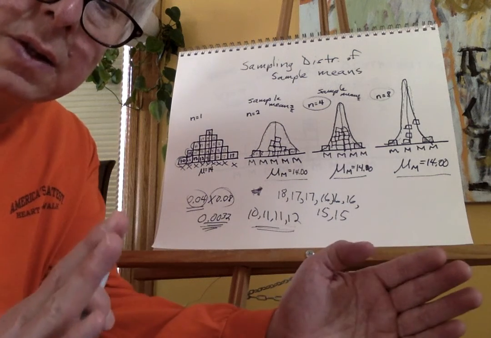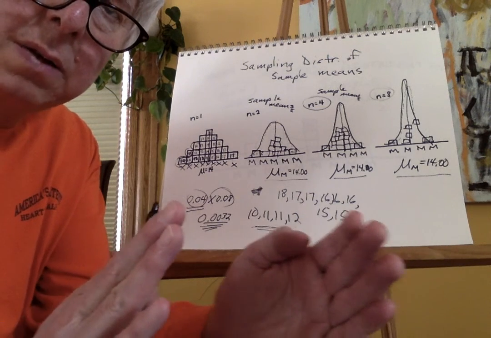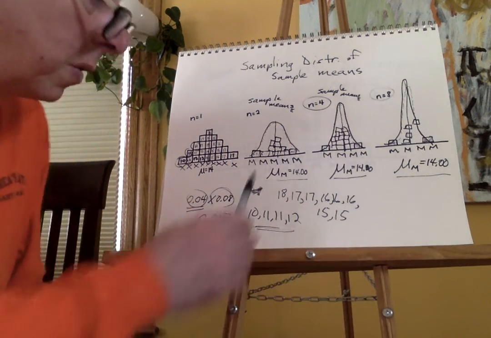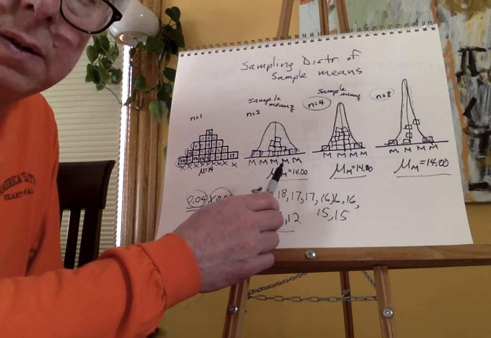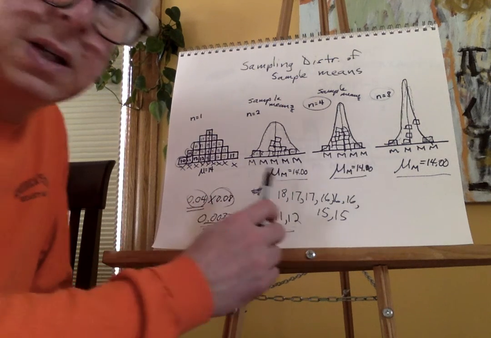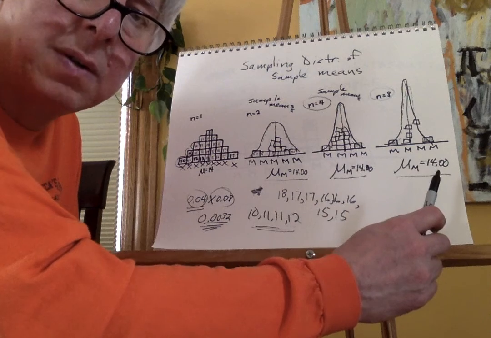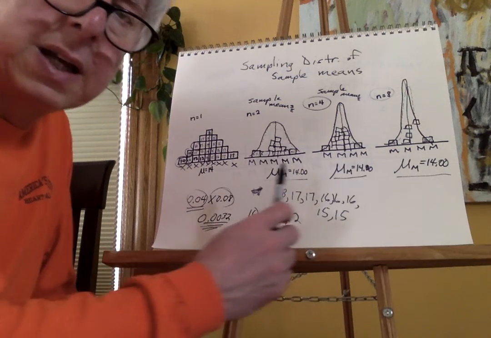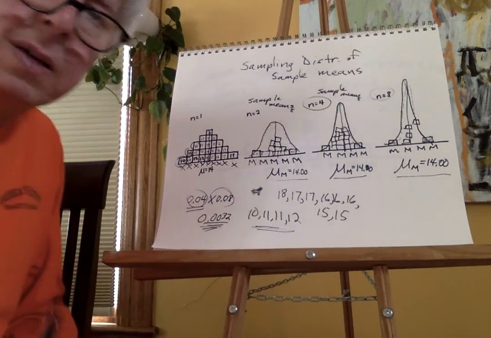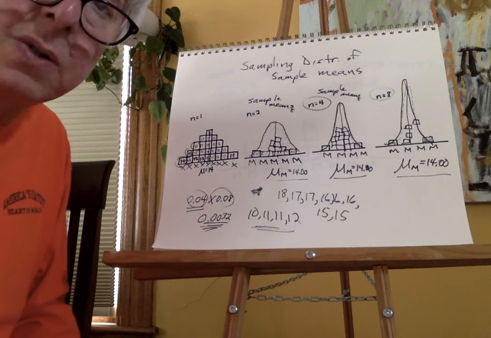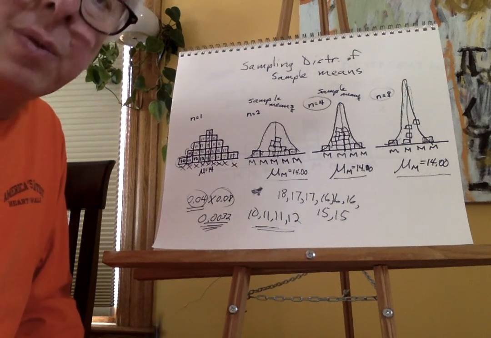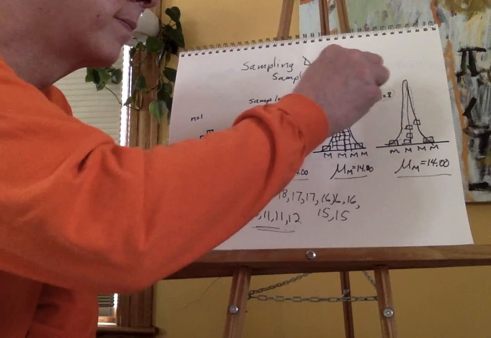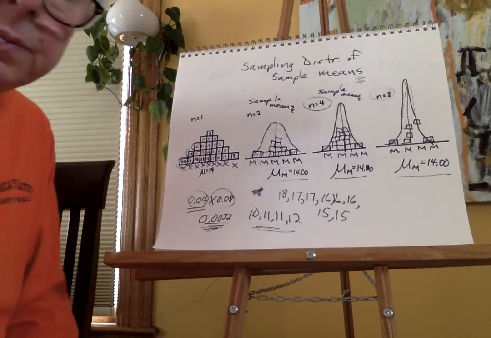That is, the sample means are coming inward closer to the overall mean, okay? As we increase the size of our samples, the variability of these sampling distributions of sample means gets smaller.